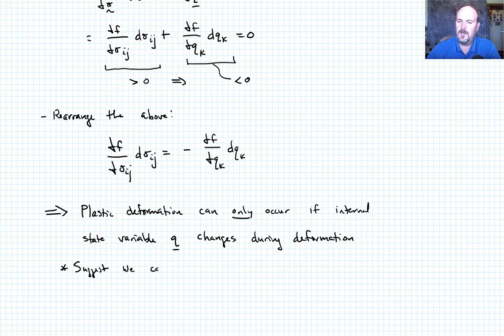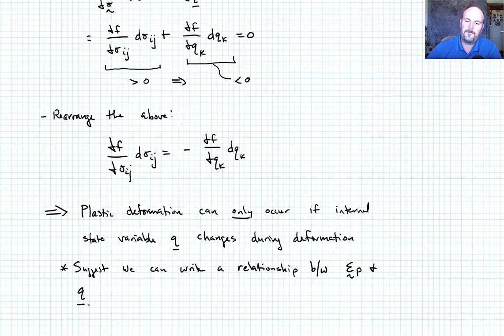So we can write a relationship, if you like, between the plastic strain, epsilon p, and the internal state vector q. Okay, this shouldn't be too surprising.